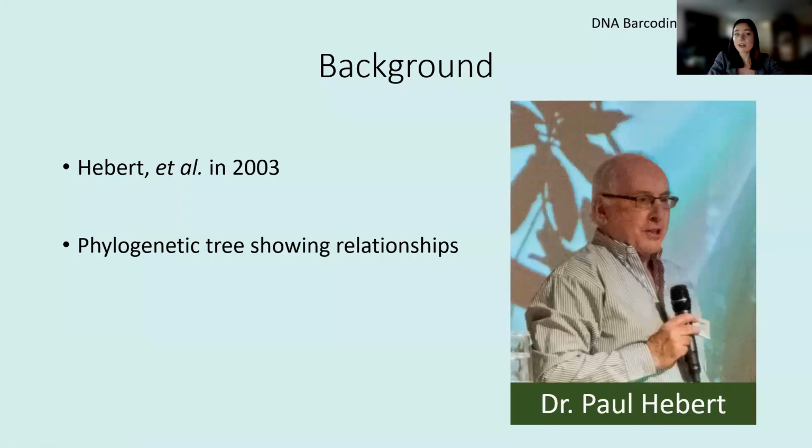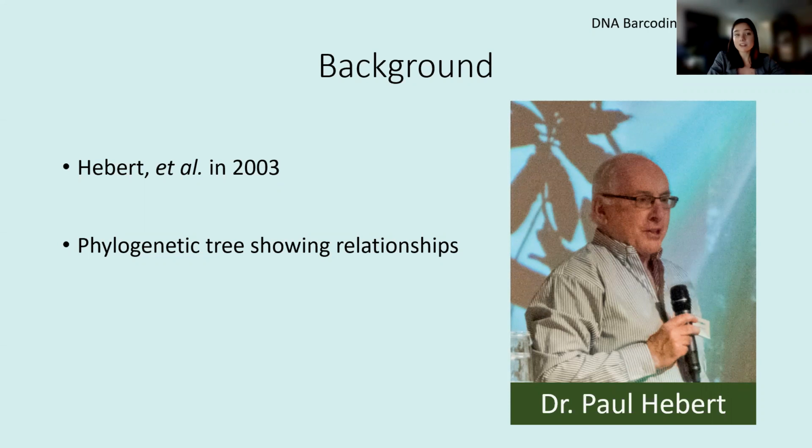To understand how all of this works, we have to take a deeper look at DNA barcoding itself. In 2003, Heppard and his colleagues produced a research study which defined DNA barcoding as a technique. Although DNA barcoding has been around since 1994, this article standardized the method we use today.